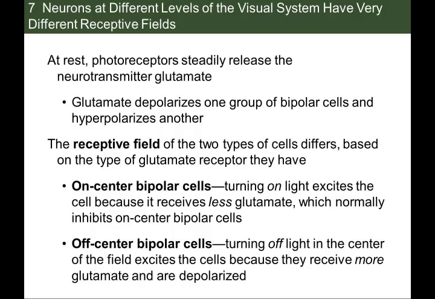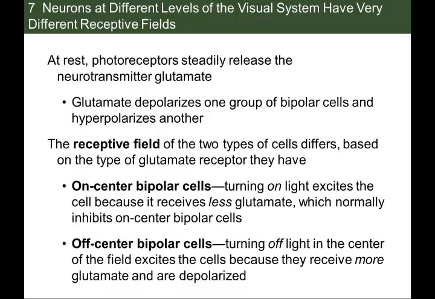So that's a key thing in understanding this: the activation of this cone leads to hyperpolarization. Whenever you have hyperpolarization, you have less release of the neurotransmitter, and the neurotransmitter here is glutamate. Are you with me so far? Does that make sense? Okay. So less glutamate.